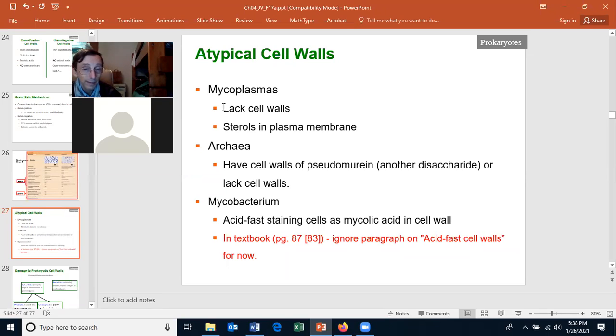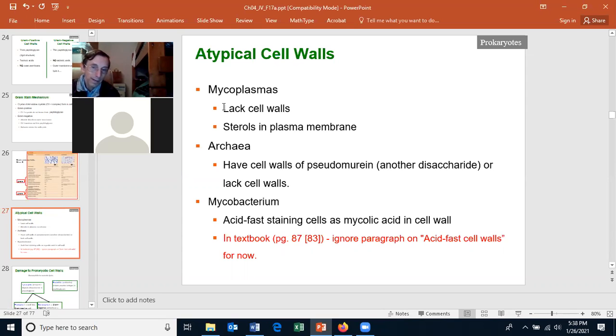Another atypical cell wall of the bacteria are the mycobacterium, and they are atypical because they're acid-fast staining cells. They have mycolic acid in their cell wall, and they have a different structure. I don't have that structure here, but besides having peptidoglycan, they have mycolic acid in their cell wall, and mycolic acid is a lipid.